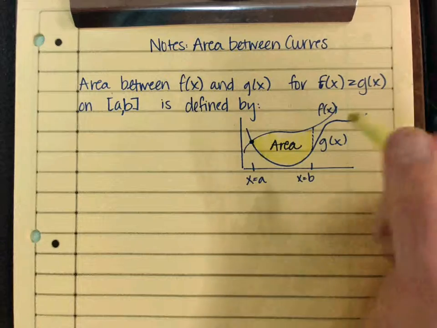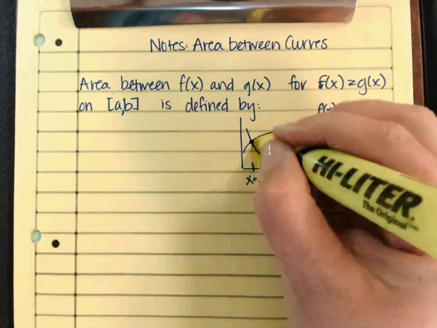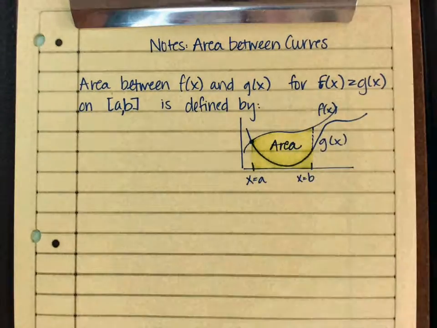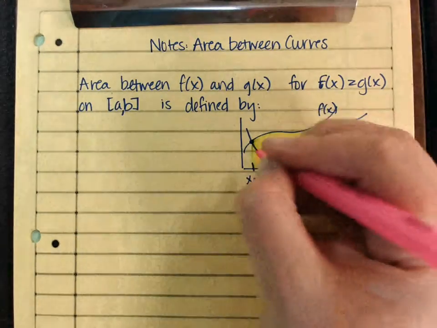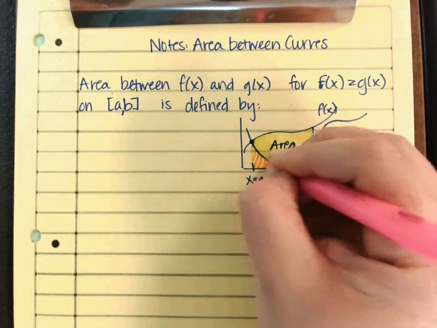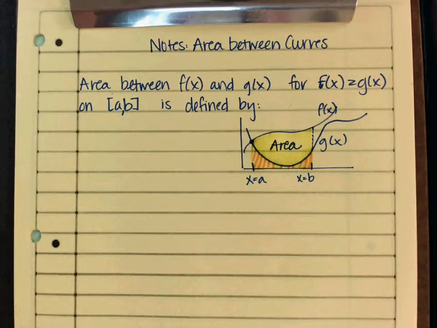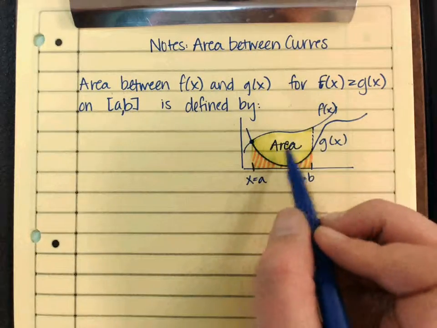I'm going to take the area that's under the function f, so it'd be from here all the way down to the x-axis. So all of that yellow area. And then I'm going to minus out this area that's under g. And then think about what's going to be left over is this area in the middle.